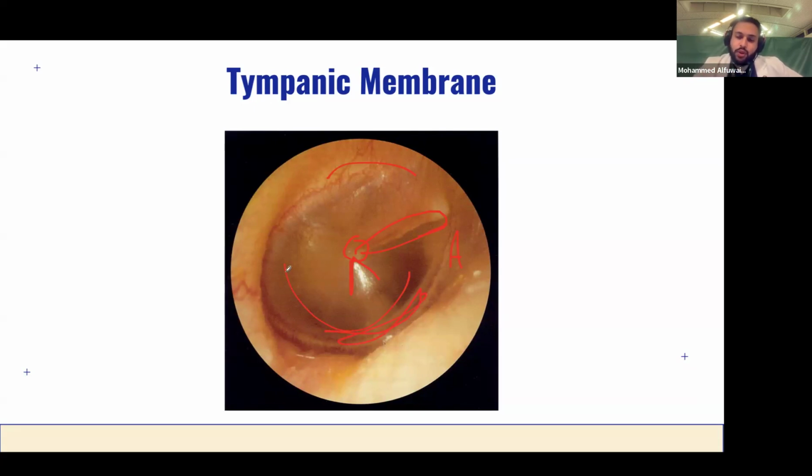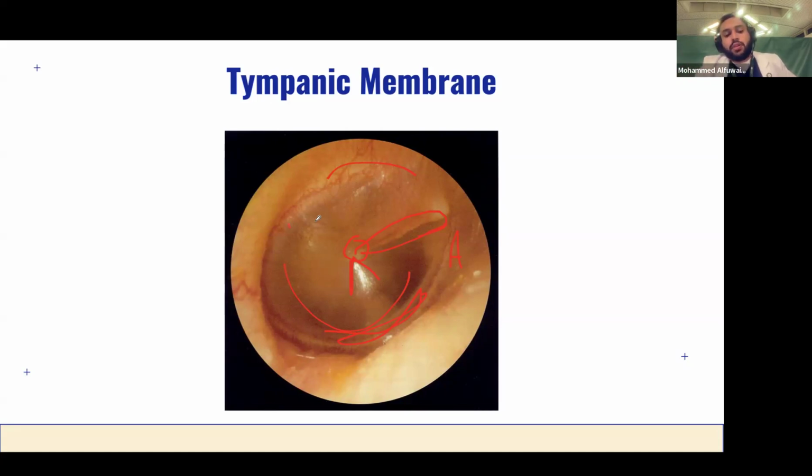What's important as well is there are certain nerves that supply here, such as the auriculotemporal, trigeminal, and vagus. What's important about the vagus in this part of the tympanic membrane is if you stimulate it in an adult or a child, elderly or a child, this can cause syncope. So when you're looking at the middle ear or the tympanic membrane and you, for example, touch, or put the Q-tips inside the ear and they get syncope, this is why, because of the vagus nerve.